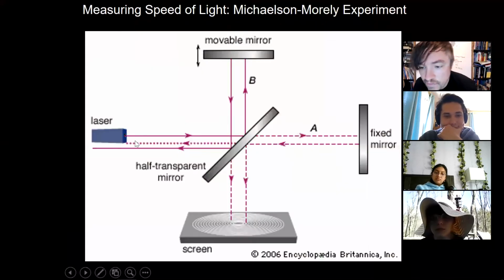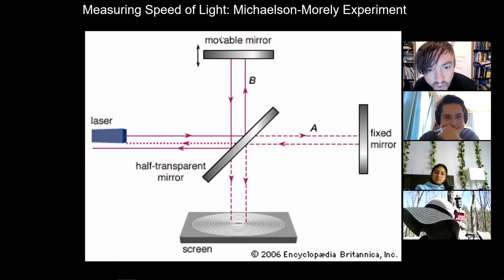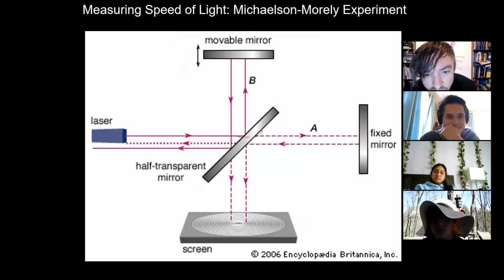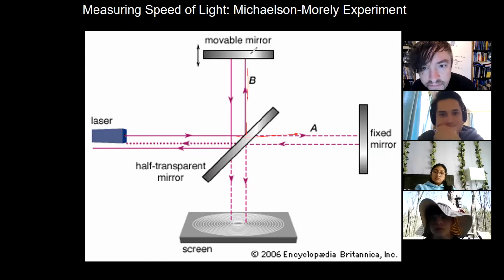I designed myself a measurement device with a laser, and the laser fires forward through something called a half-silvered mirror. A half-silvered mirror will transmit 50% of the laser beam through the mirror, and it will reflect 50% of the laser beam perpendicular to it.